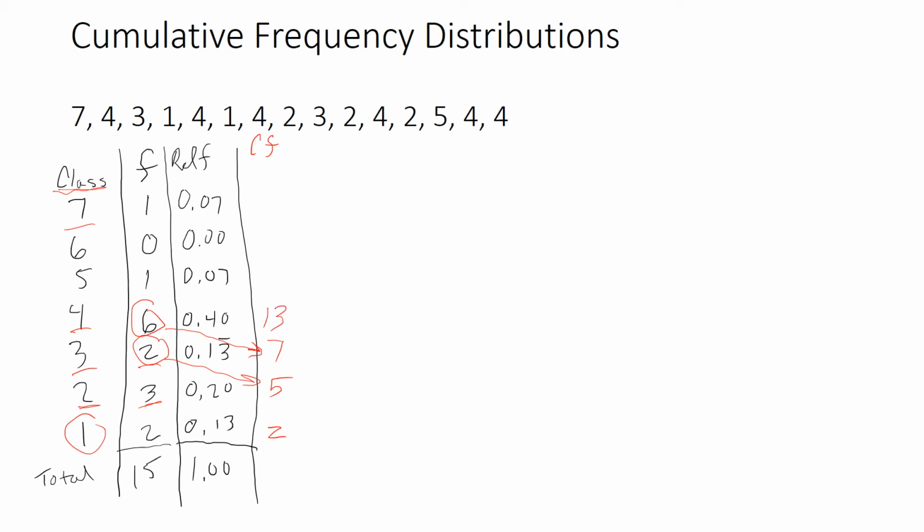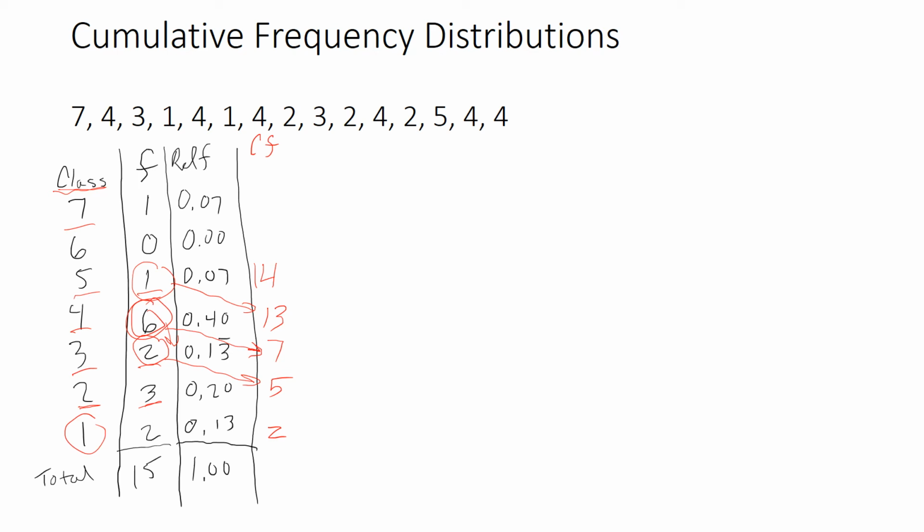So the cumulative frequency for the class of 4 is 13, right? Because it tells us all of the members of this class plus all the lower ranked classes. So for the class of 5, with a frequency of 1, the cumulative frequency, well, we have a frequency of 1 here, and everything below is a 13, so that would be a cumulative frequency of 14.